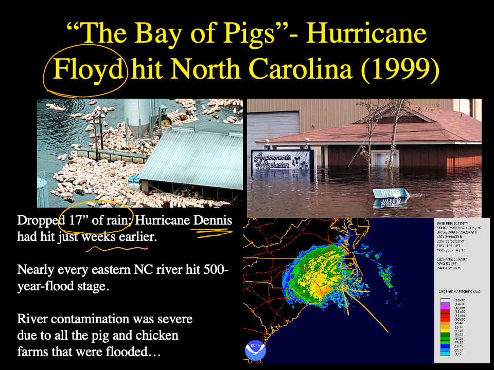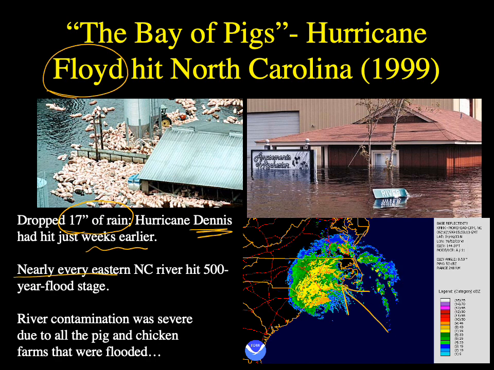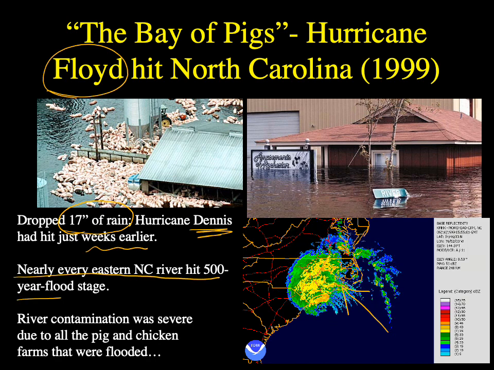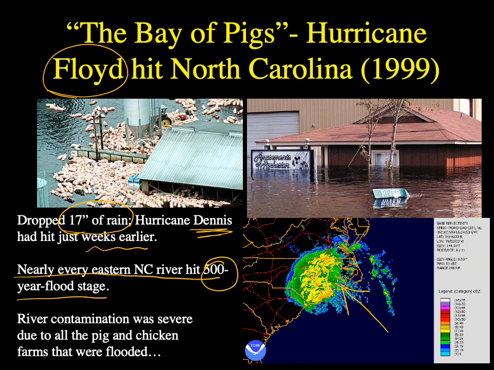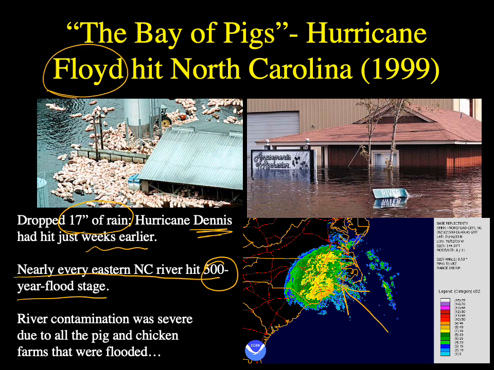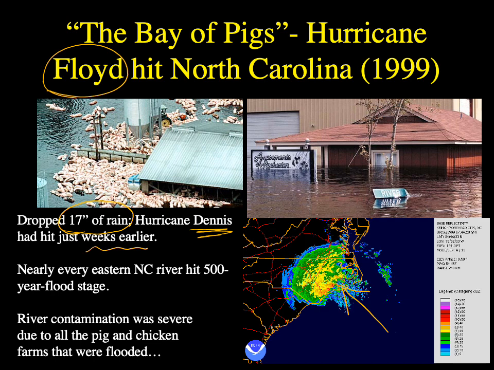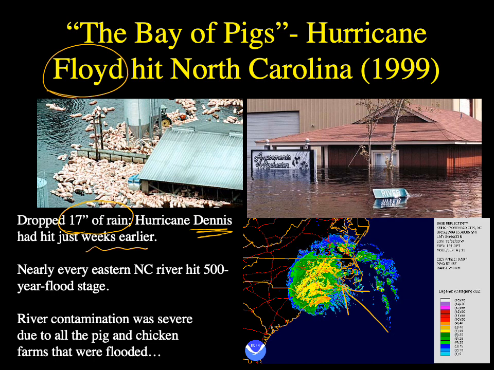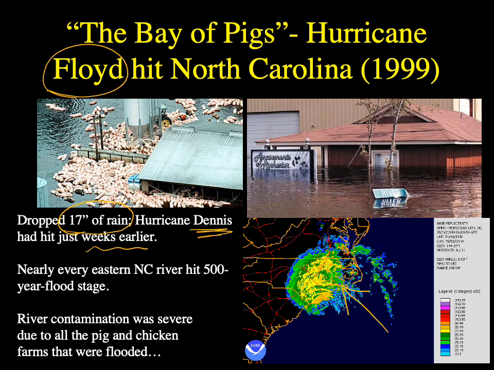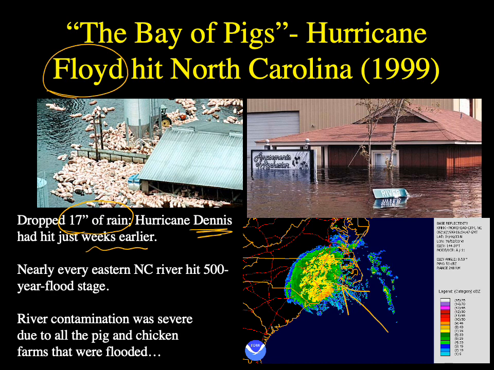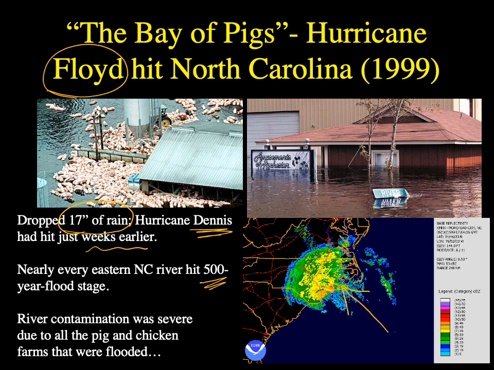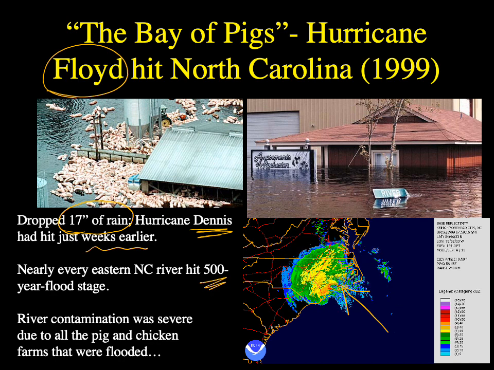And so nearly, look at the statistic, nearly every eastern North Carolina river hit the 500-year flood stage during Hurricane Floyd. Remember, 500-year flood stage means it is at such a high magnitude that you should get only one of these floods every 500 years. Well, there it was in 1999, and it was because of these back-to-back hurricanes.